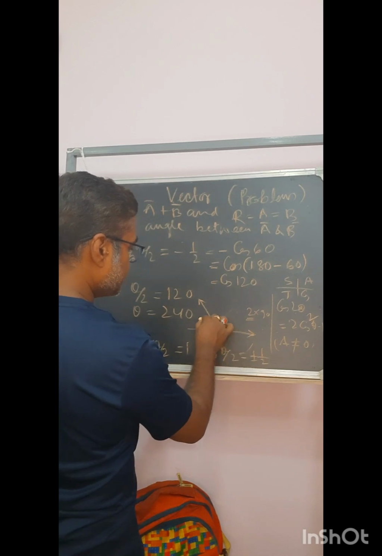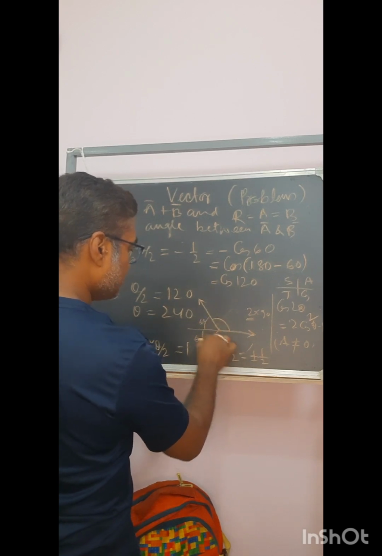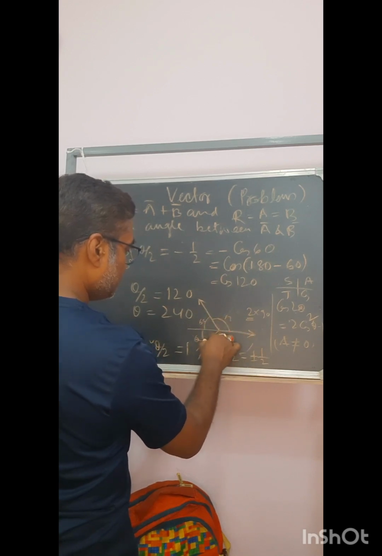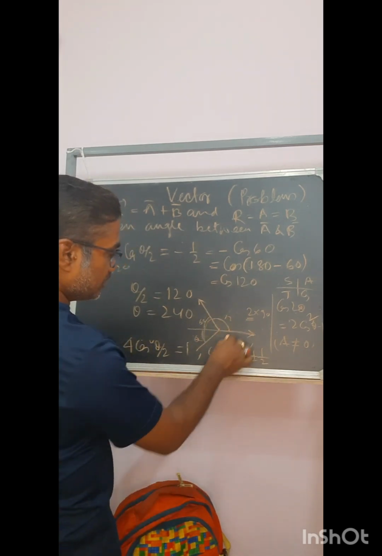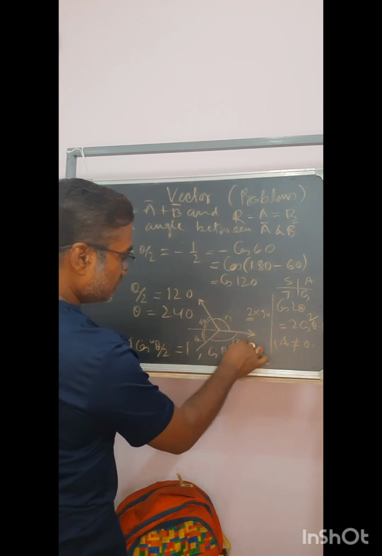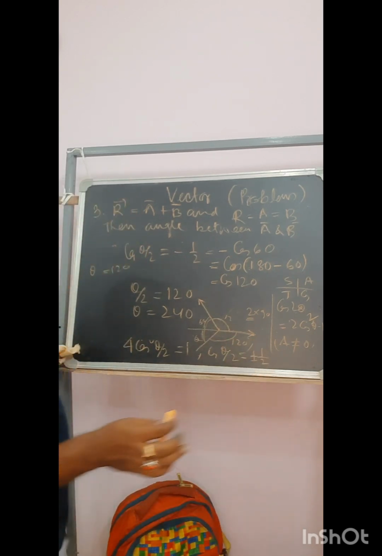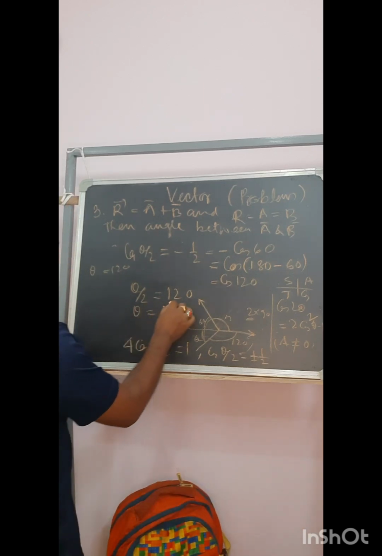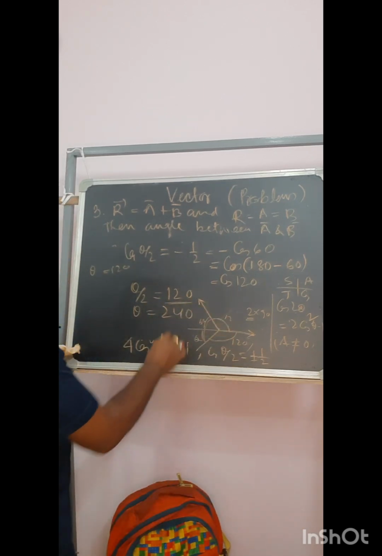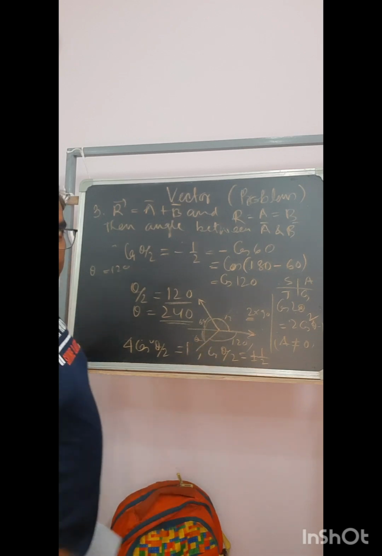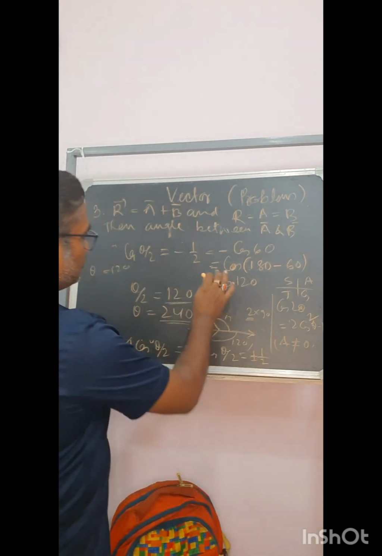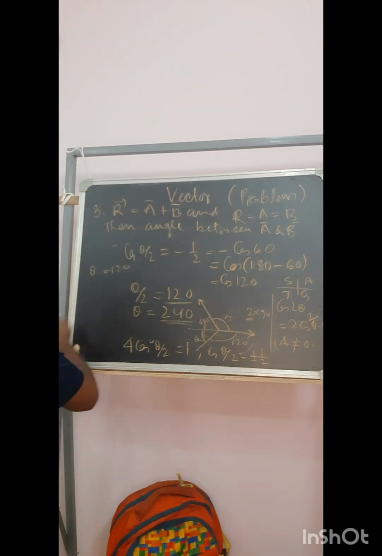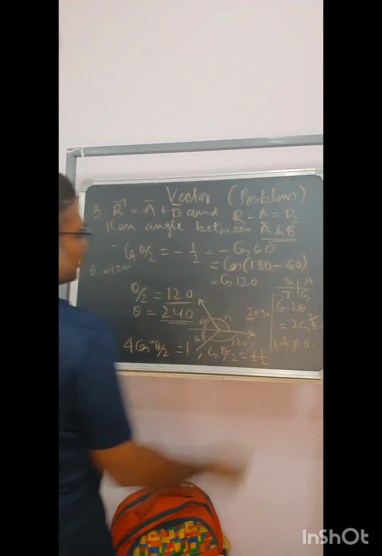If this is 60 degree, this is also 60 degree, so together 120 plus 120 is 240, but the opposite angle is 120. This is the lesser one. Whenever we consider the angle between two vectors, it has to be the minimum angle. So 240 also implies the same result, that is 120. So the answer would be 120 between A and B.